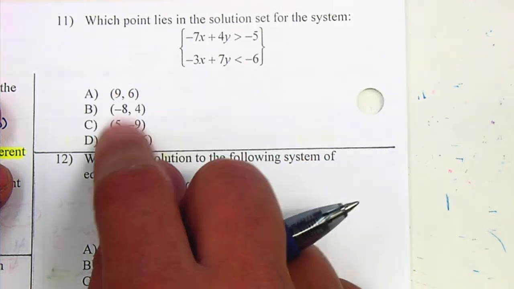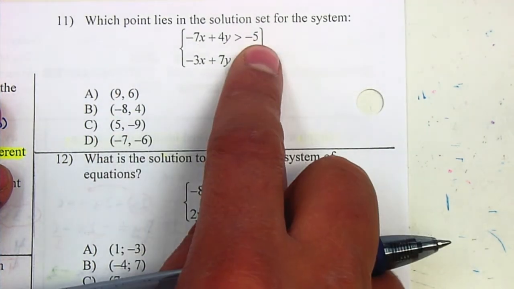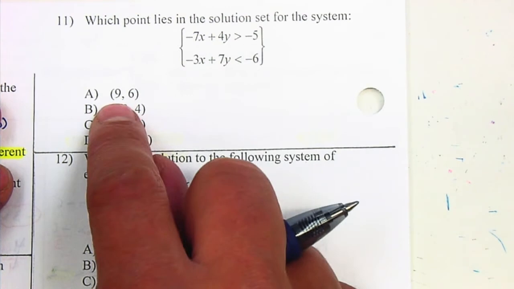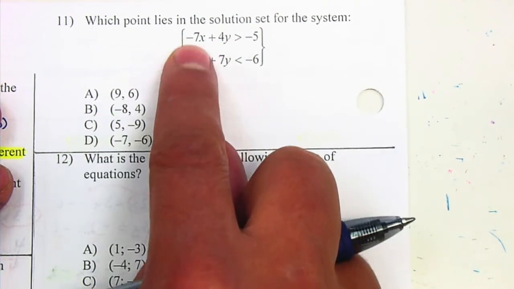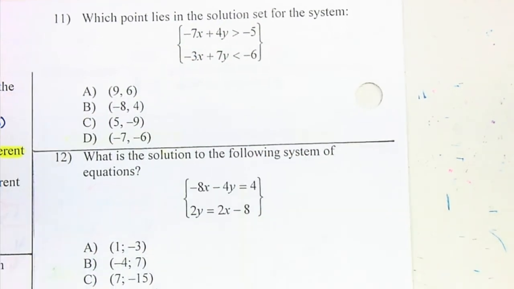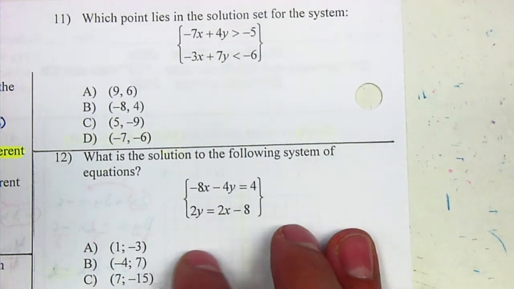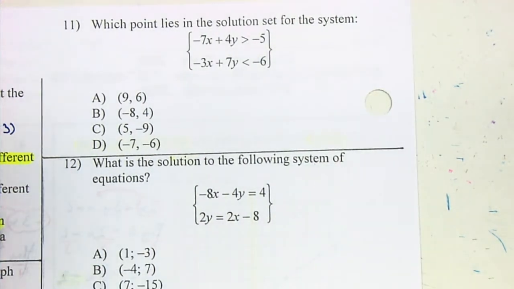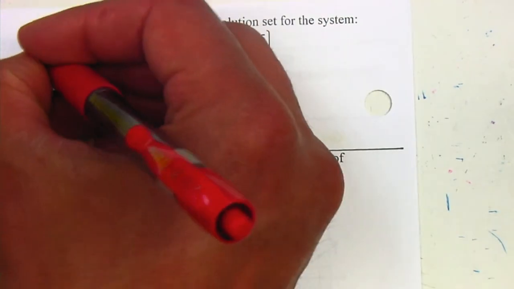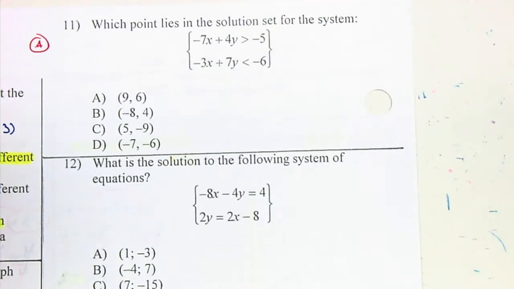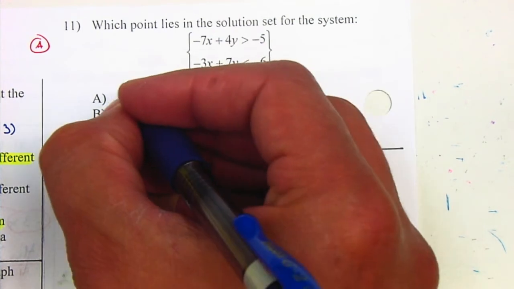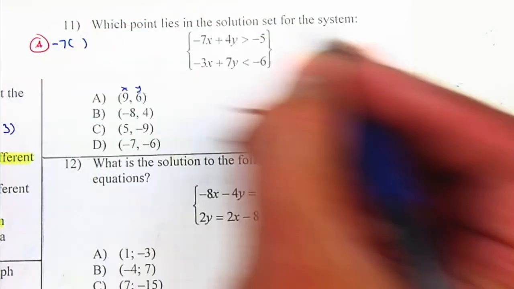Since they give us a solution, we can just plug it in to determine which of those points will fit into both inequalities. And it's very important that you organize your work. So let's try letter A here. It's a quick process. We're going to plug in the value of x and the value of y into each one. So it'll be negative 7x plus 4y is greater than negative 5.